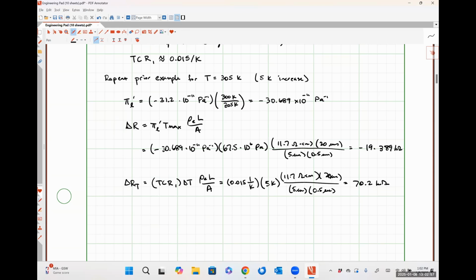Okay, so that can be pretty problematic because we either have to work at a very, very fixed temperature or we need to figure out some way to compensate for temperature changes, right? So compensating for temperature changes is done in a variety of different ways, okay? So let's talk about piezo resistance measurement schemes.